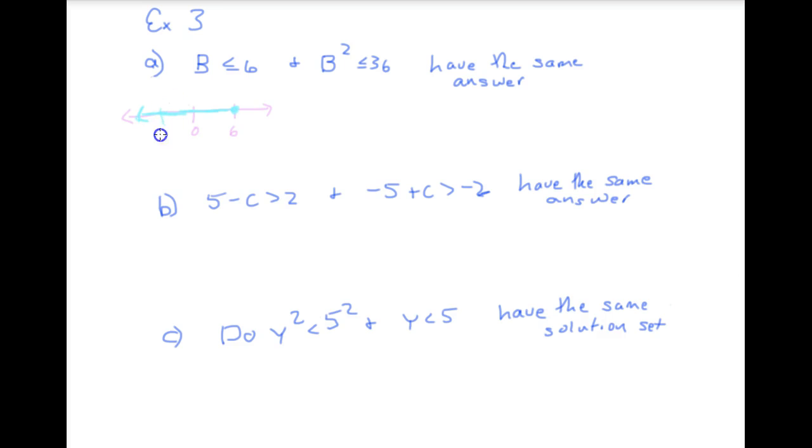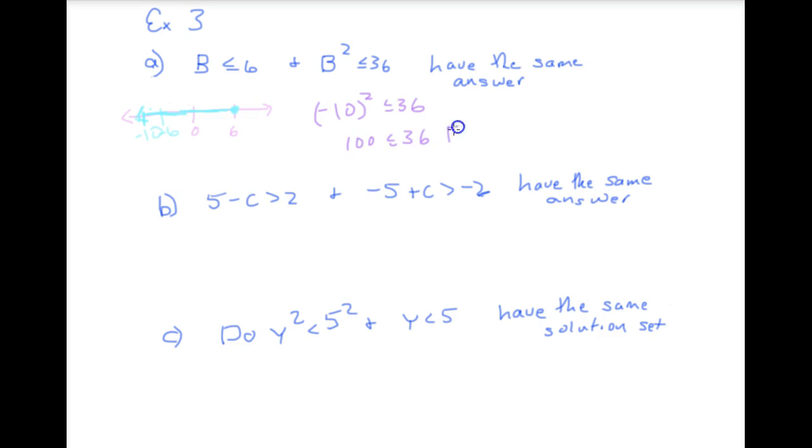This is negative 6 down here, and negative 6 times negative 6 is equal to 36. What happens if we choose negative 10? I'm going to make it a little darker color here. Negative 10 quantity squared is less than or equal to 36? 100 is less than or equal to 36?